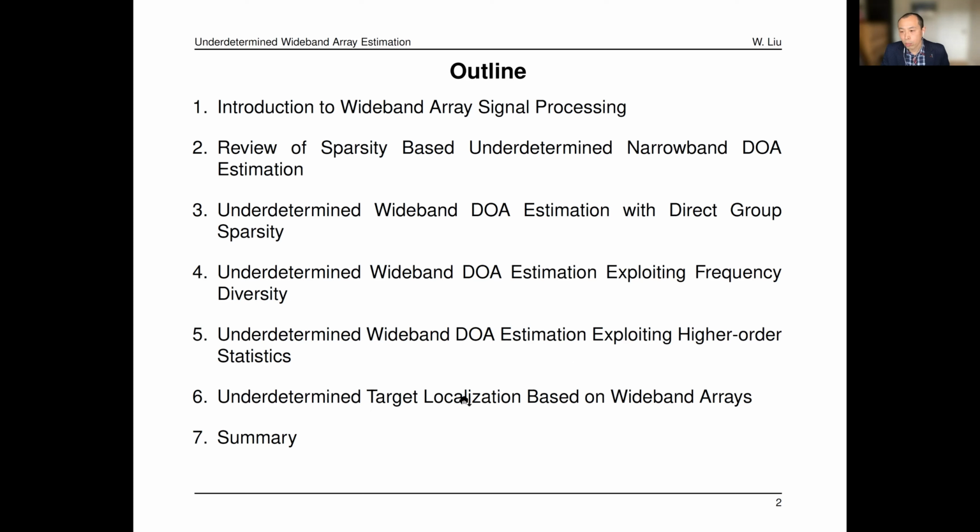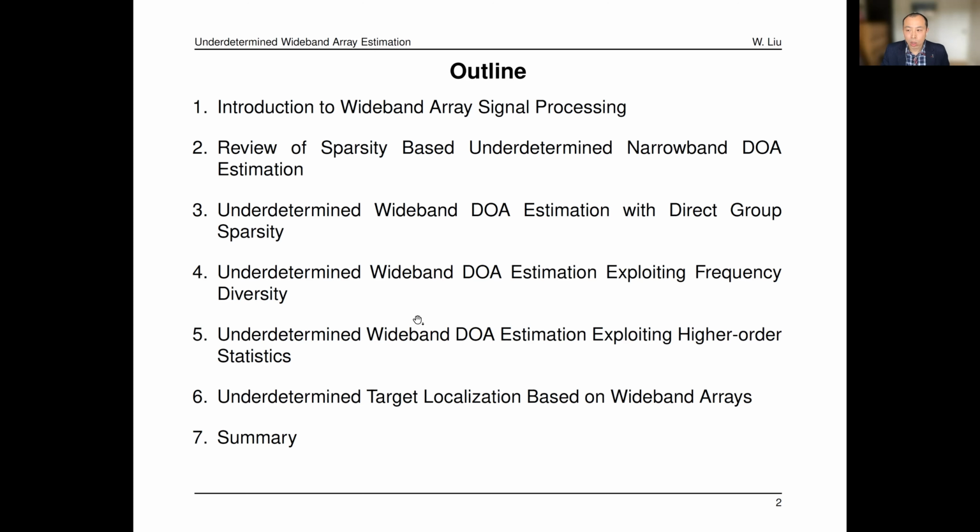That's a two-step approach. But in this part, I will talk about a one-step approach. Basically, we estimate the location of the target directly. It's not two steps. We find the location directly using, again, this group sparsity approach. Then finally is a summary.